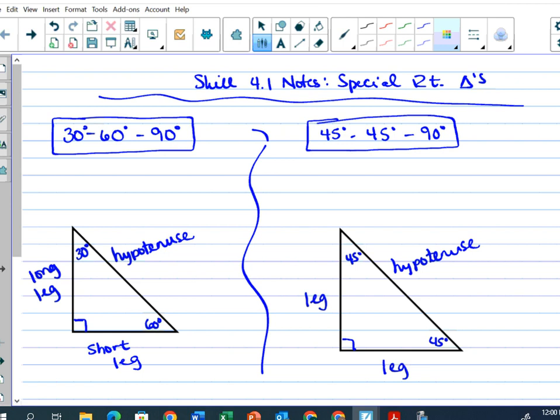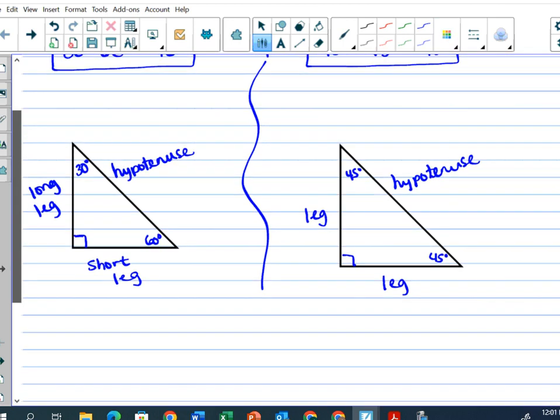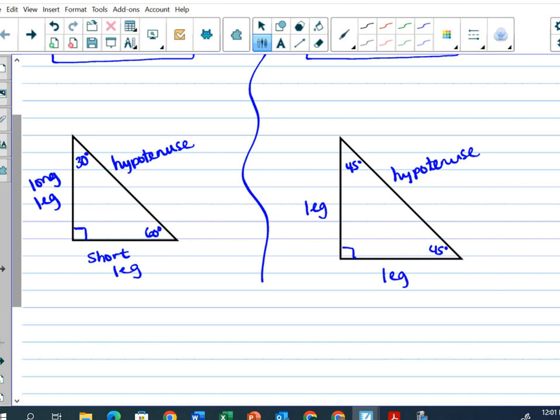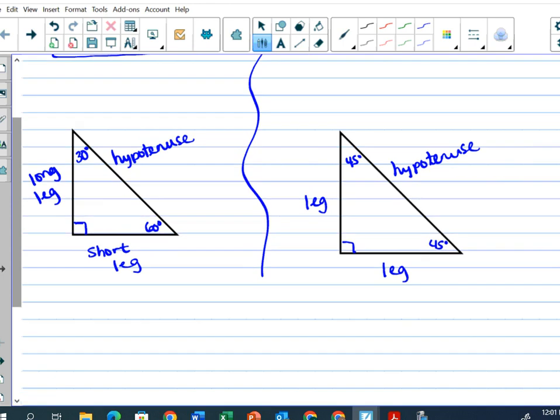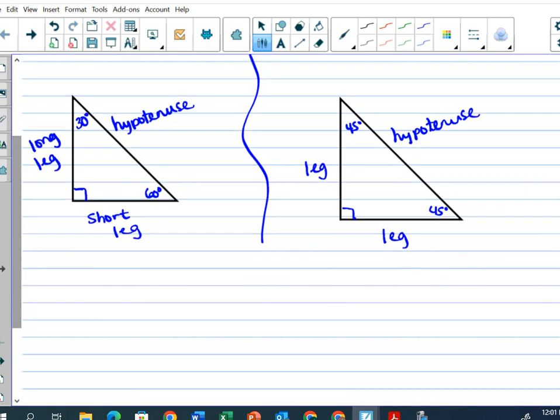All right, guys, so let's talk about our formulas we use to solve for the missing parts of these. With your 30, 60, 90, your hypotenuse is always equal to 2 times the short leg.